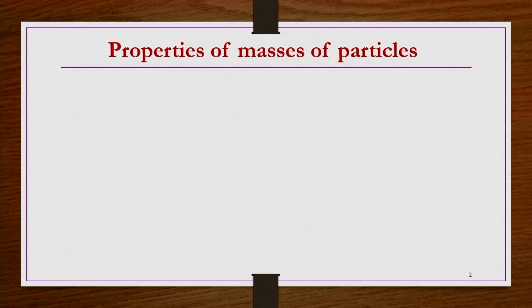These masses of particles, in the sense that whatever size reduction we have done, we have taken bulk solids and done a certain kind of size reduction. So, then we may have small grains or something like that, very small size particles. So, we are discussing the properties of those masses of particles or solid masses.